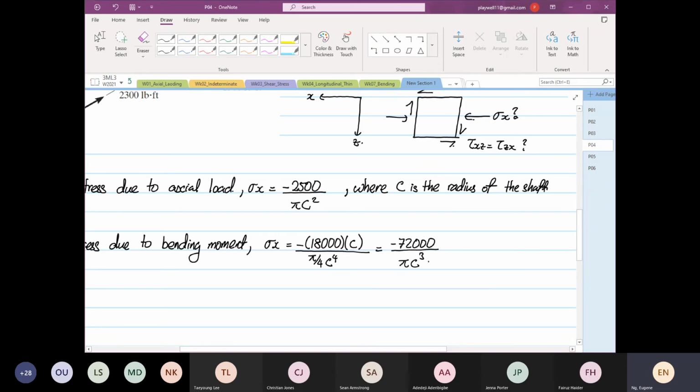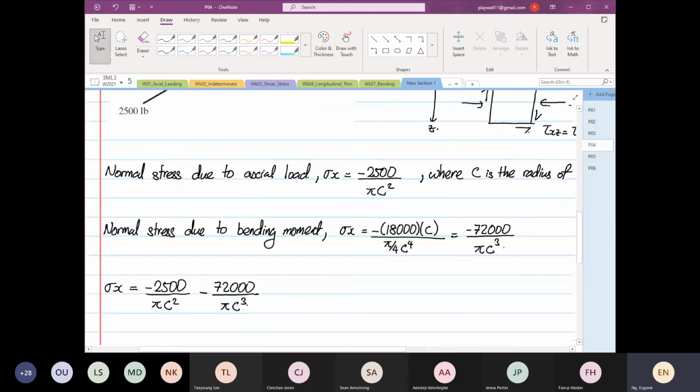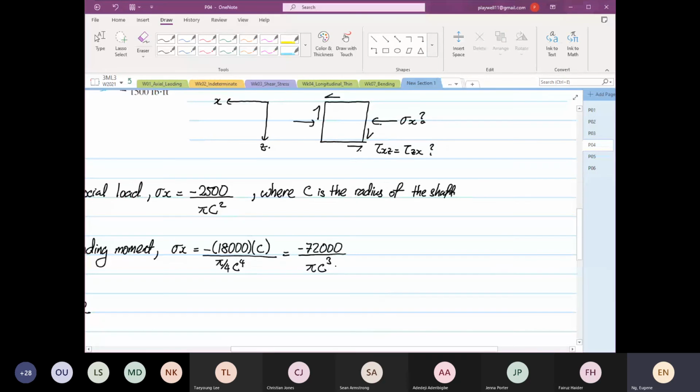So now we know due to the normal stresses, stress x will be equal to minus 2,500 over pi c squared, and then minus 72,000 over pi c cubed. So we know our stress x value now.